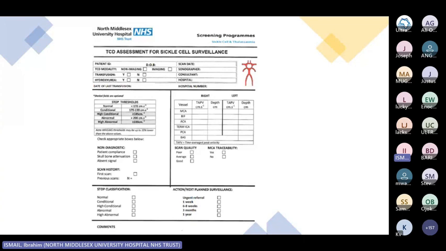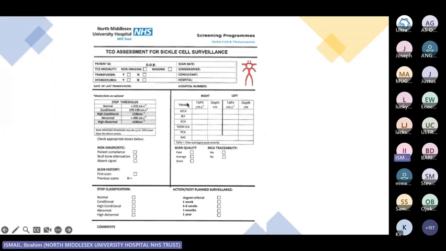The PCA is not as important for the purposes of this examination. The MCA and ACA are paramount to understanding what threshold they fall under: normal, conditional, high conditional, or abnormal.